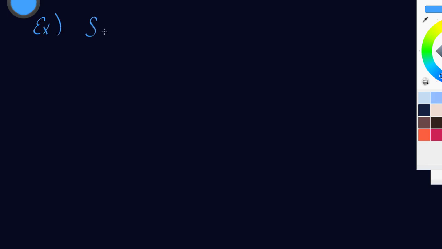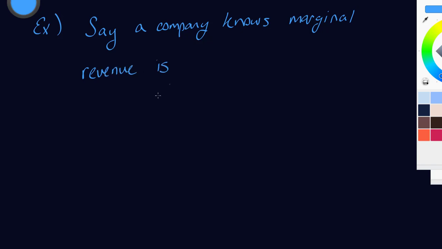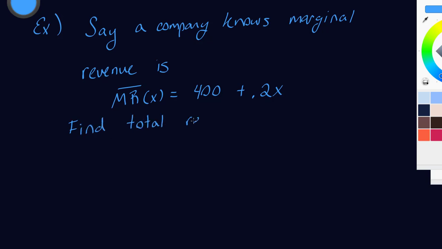So say a company knows that their marginal revenue is MR of x, and let's say that they know that it's 400 plus 0.2x, and what we want to do is we want to find the total revenue. That is to say that we want to find R of x.